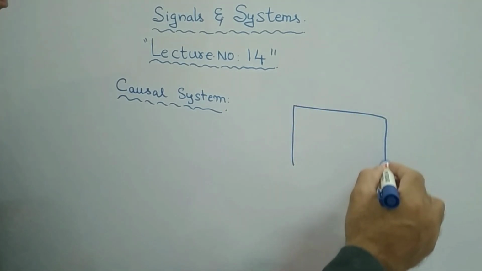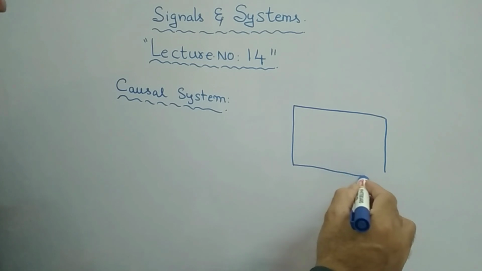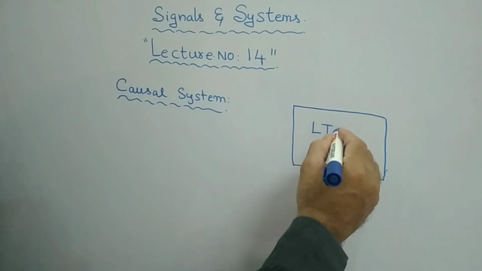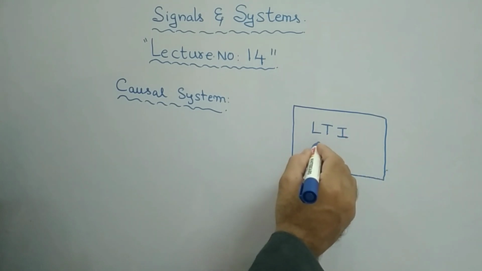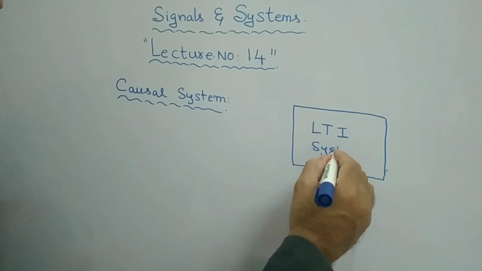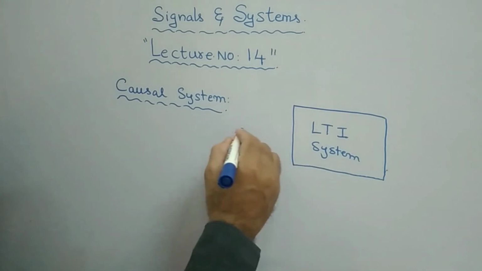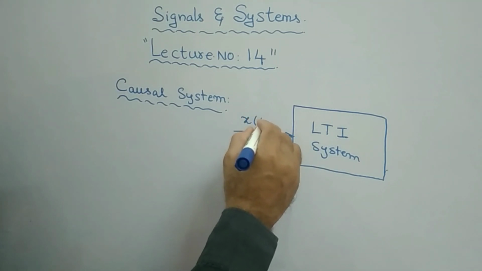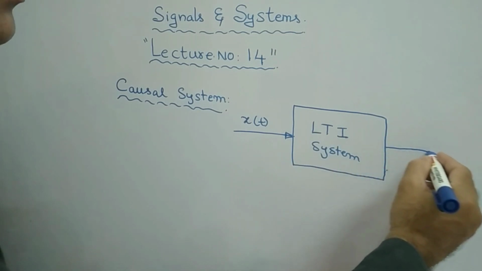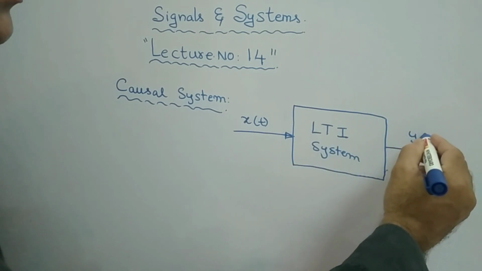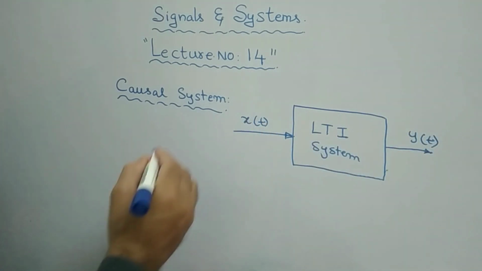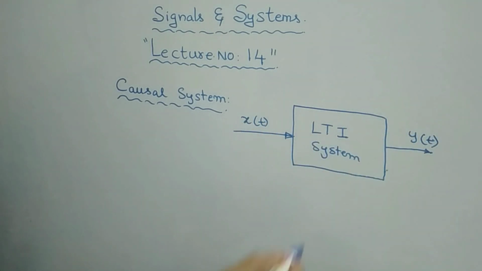Let us say, as I explained in our previous presentations, that it is any given LTI system, meaning linear time invariant system. It has certain input, let us say x of t is the input, and y of t is the output.